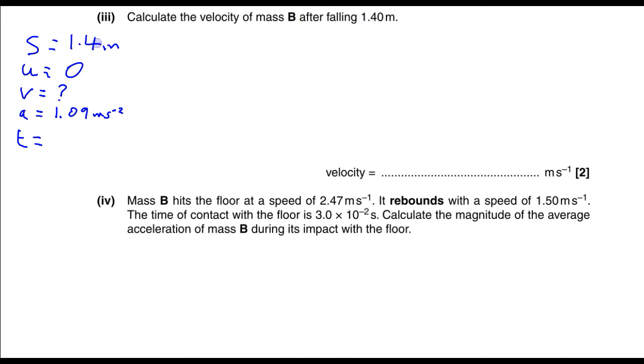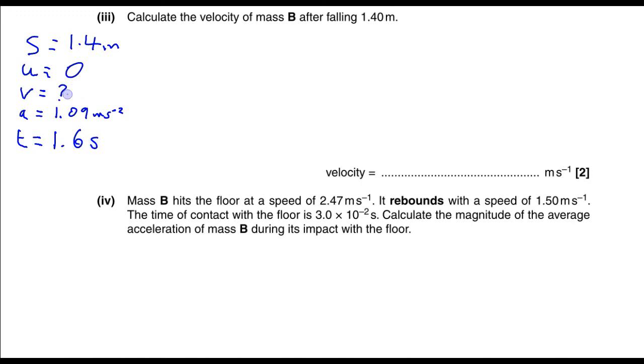That's giving the displacement as 1.4. Initially it was at rest, so U is 0. The acceleration is the same as before, which is 1.09, and we are interested in finding the velocity. The time it takes to go down 1.4 meters is the answer to the previous part, which was 1.6 seconds.